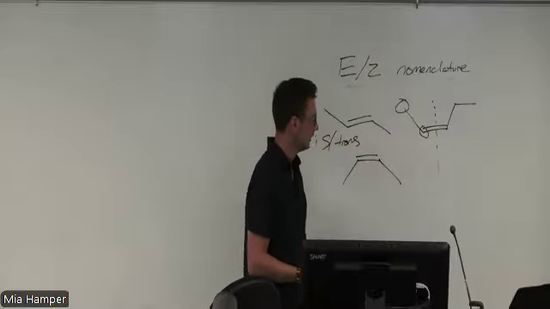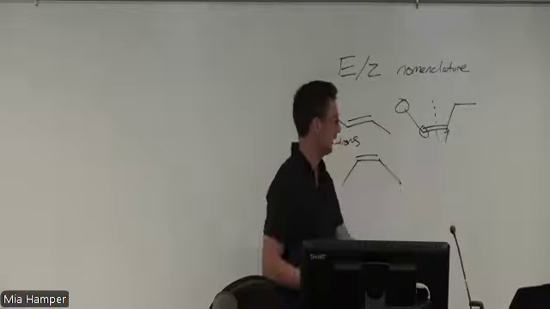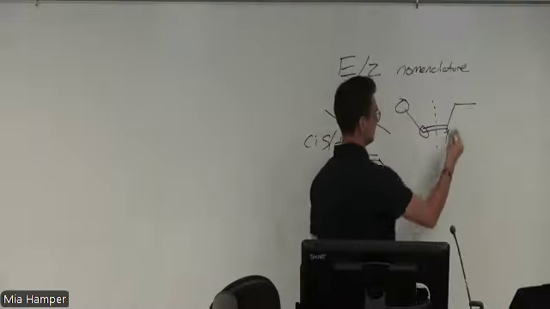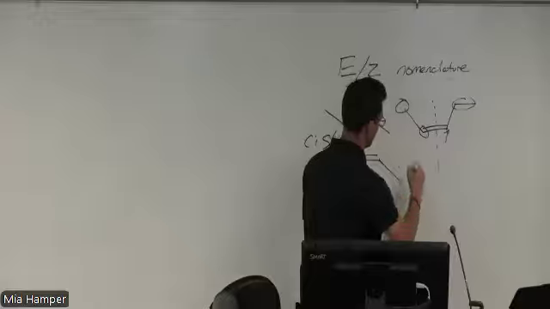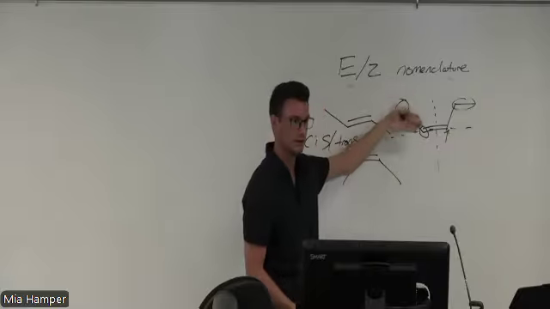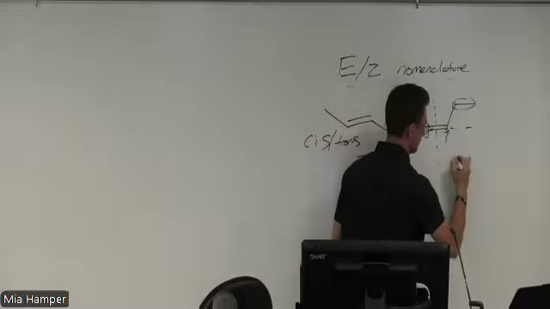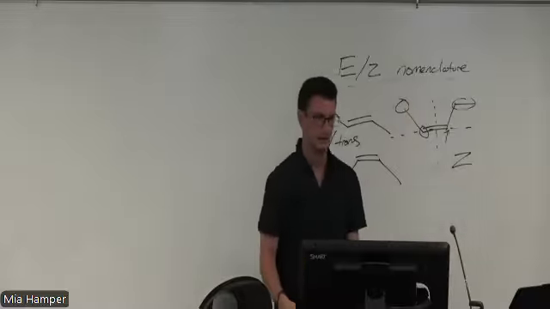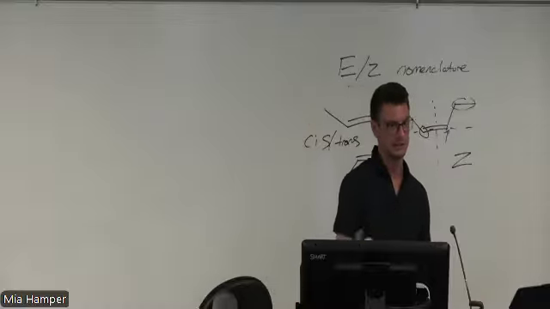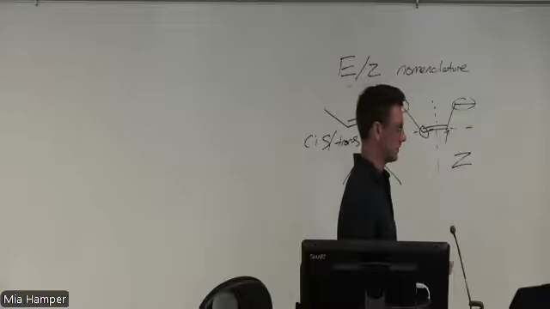And if we're looking at this carbon with the arrow, a hydrogen versus the ethyl, the ethyl is going to win. So on the same side of that double bond are your highest priorities, and we're going to call this Z. Z for same, sounds like same, if you want to put it that way. E would be the opposite.